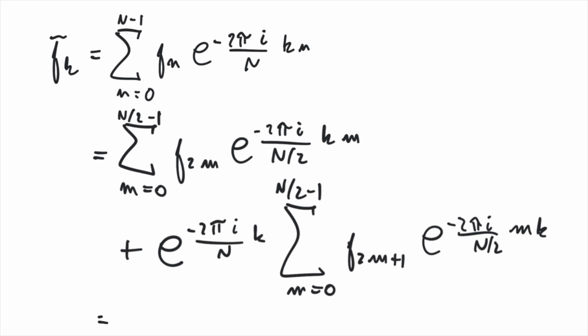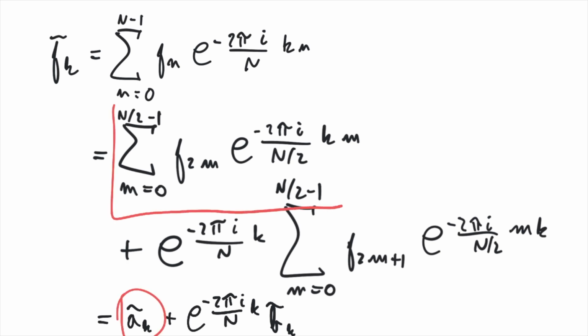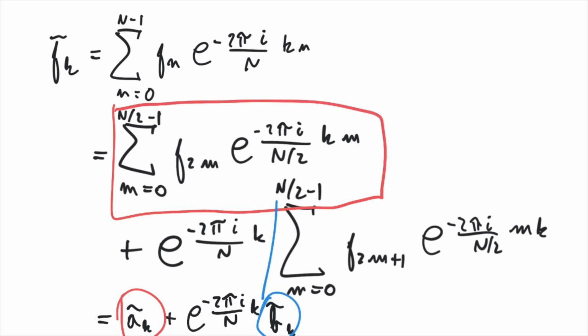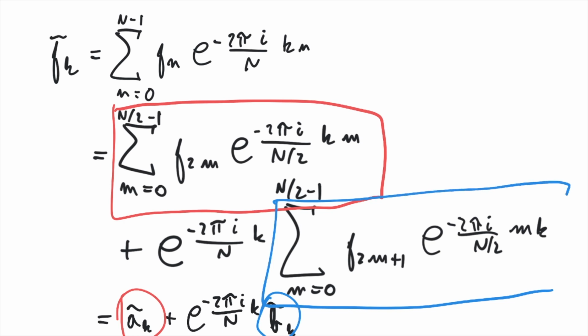So we get that this is some a_k tilde plus an exponential factor 2 pi i over N k times some b_k tilde, where this guy is the first term here and this guy is the second term here.